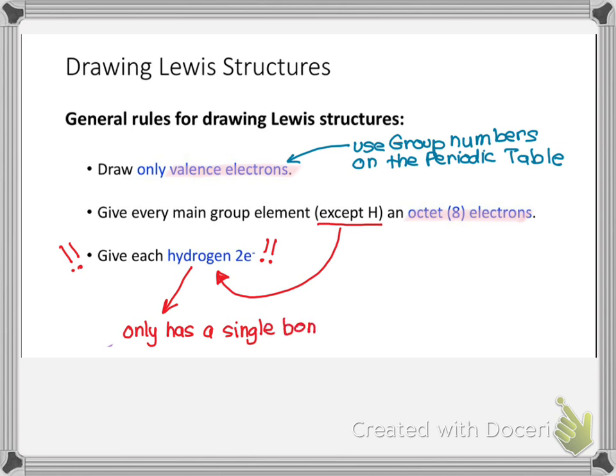Because it can only have 2 electrons. Okay, so no non-bonding pairs on hydrogen, no double or triple bonds on hydrogen. Hydrogen, like when I see it and I have to use it on a Lewis structure, I get very happy because I know it just has a single bond, like there's nothing else it can do.